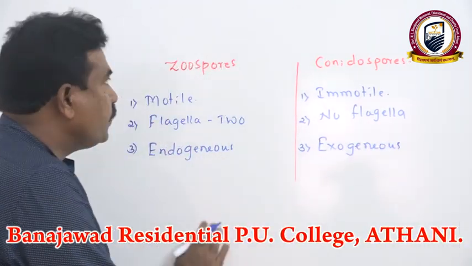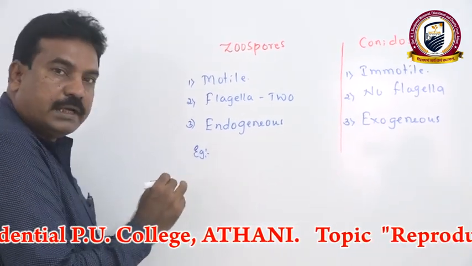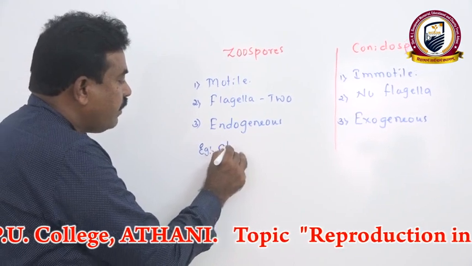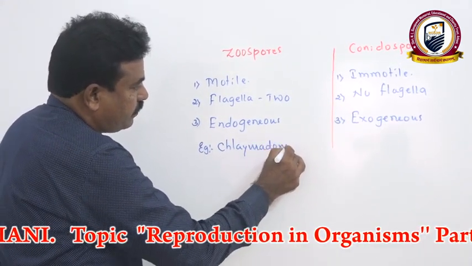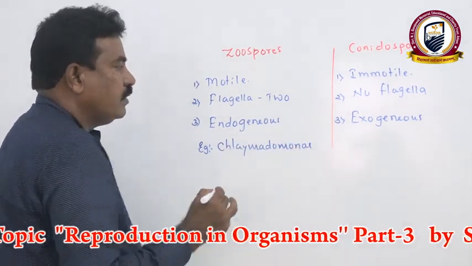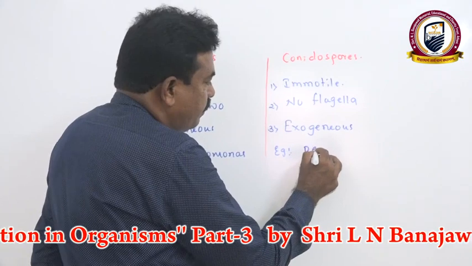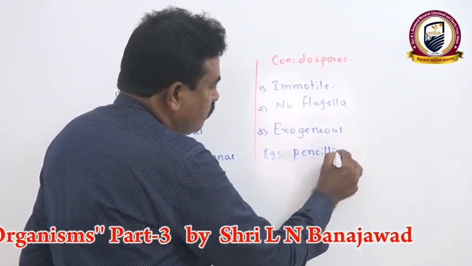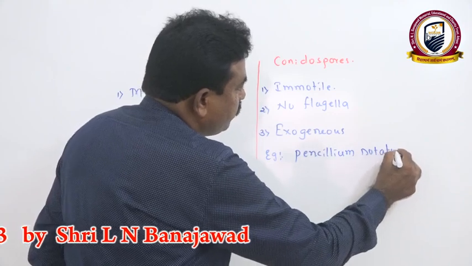Then zoospores are mainly found in algae, mainly Chlamydomonas. Whereas conidiospores we see in Penicillium notatum. You know it is a fungus.